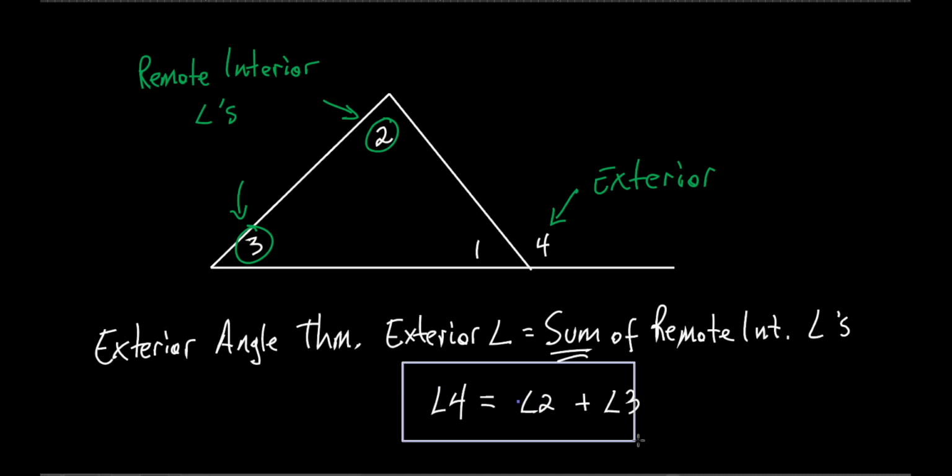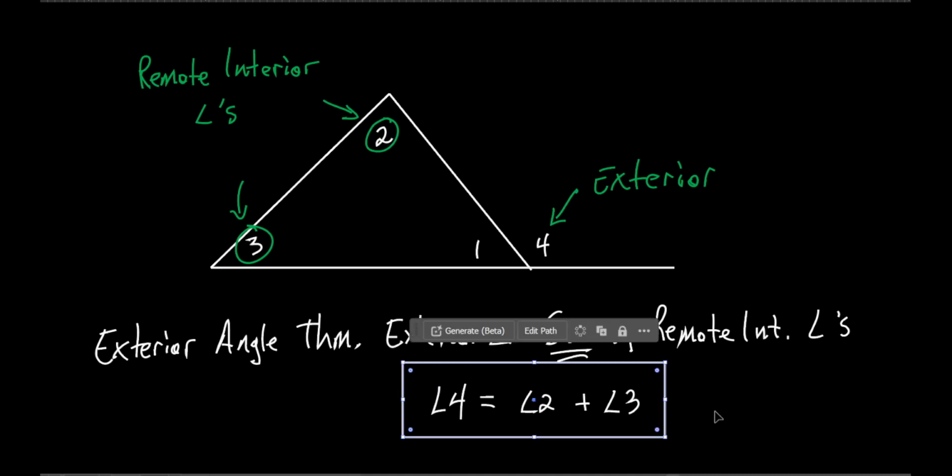So that's basically what this theorem says. Everybody see it? Now remember, this is angle 4, angle 2, angle 3. This doesn't mean the number 2 plus 3, because what's 2 plus 3? It's 5, okay? I am not teaching you that 2 plus 3 equals 4, okay? This is angle 4, this is angle 2, this is angle 3, all right?